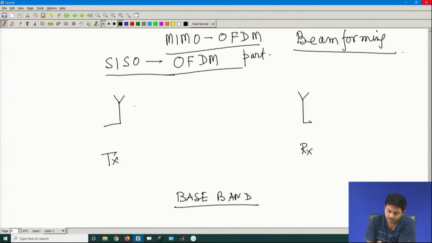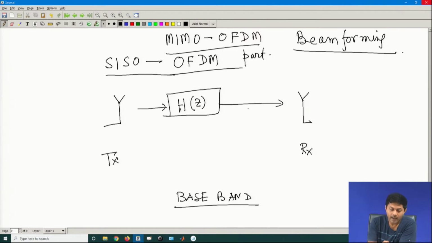Now, what was the channel model from one antenna to another antenna? It does not matter whether it is millimeter wave or anything, the channel is an FIR filter. So, let us have an FIR filter, H(z), the Z transform of an FIR filter. Let us say I have the S vector. Now, it is a single antenna, so I cannot have an S vector.